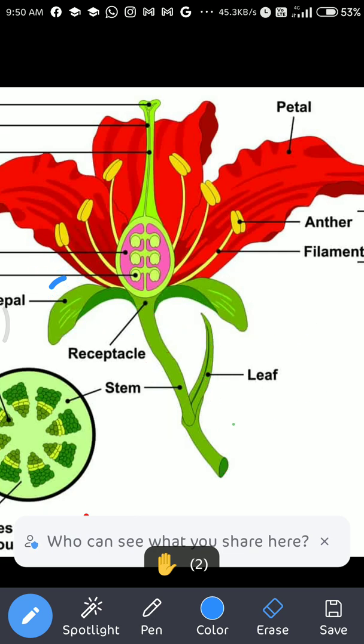Then the next whorl is the red color structure that is visible. If there are five petals, the single unit is the petal, like here the single unit is the sepal, but together they form a whorl around it, that is known as corolla. These red petals form a whorl, so that whole whorl is known as corolla. Here the whole whorl is known as calyx.